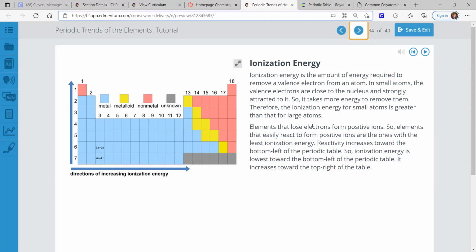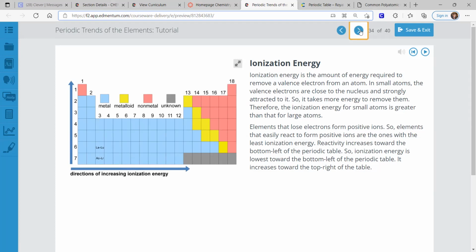Reactivity increases towards the bottom left of the periodic table. So ionization energy is lowest toward the bottom left of the periodic table. It increases towards the top right of the table. So ionization energy is increasing up and to the right.